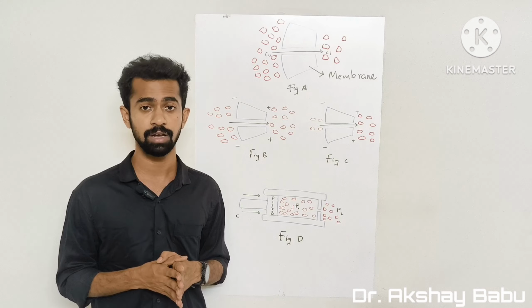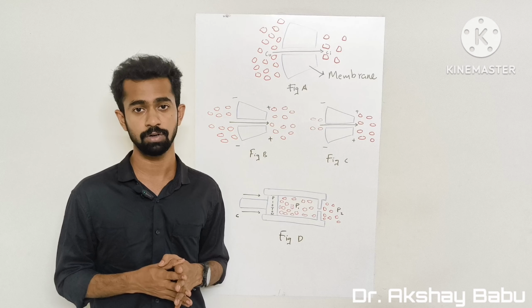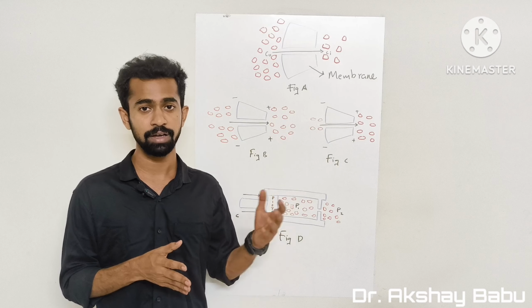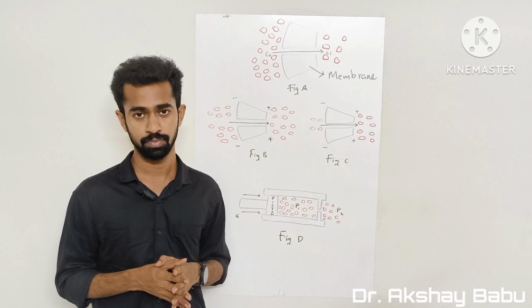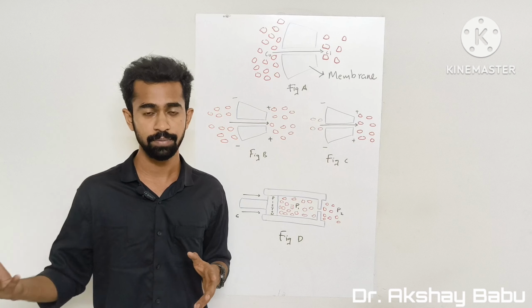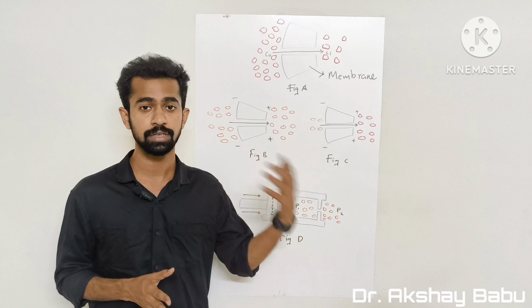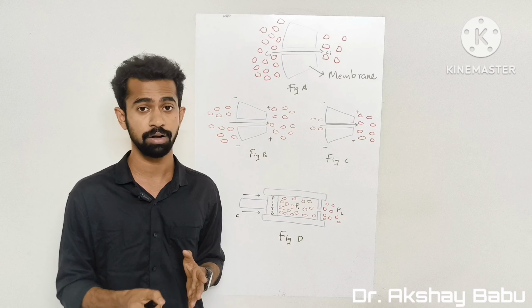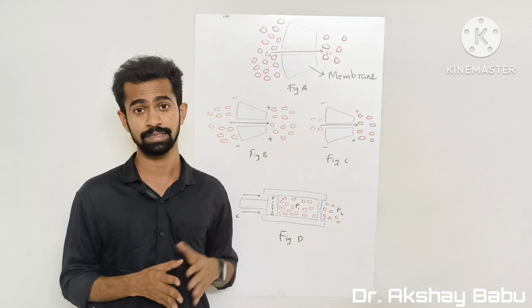The Nernst equation is given by the formula EMF, that is electromotive force, expressed in millivolts, equals plus or minus 61 log C1 divided by C2. Here C1 indicates the concentration of substance on one side of the membrane, whereas C2 indicates the concentration of substance on the other side of the membrane. And this equation is extremely important for the transmission of nerve signals, and that we will cover in the subsequent sections.